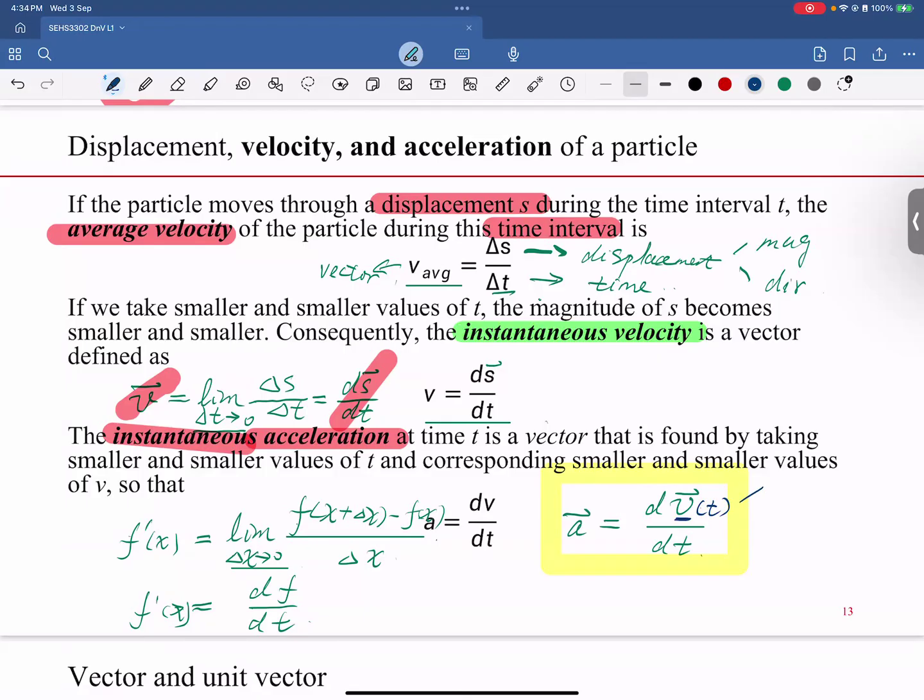One is magnitude, which we call speed. It can speed up, it can slow down. The other aspect is direction. It can have a direction change. So from one point to the other point, it changed in magnitude and direction. When we analyze the change of velocity, we will consider both the magnitude and the direction.